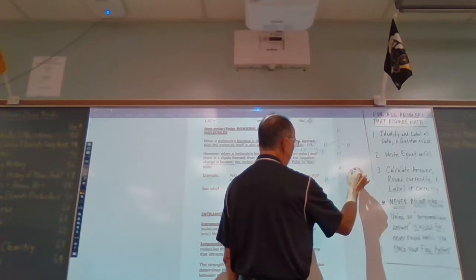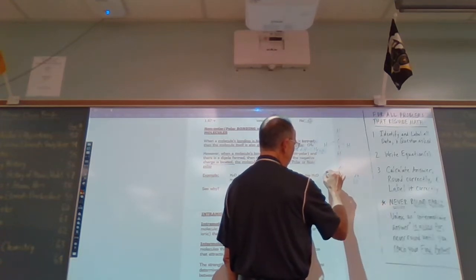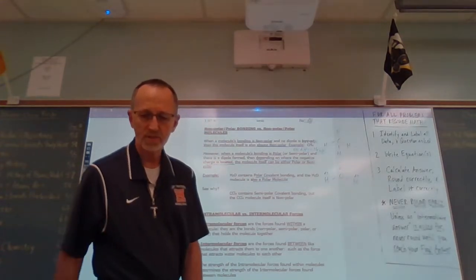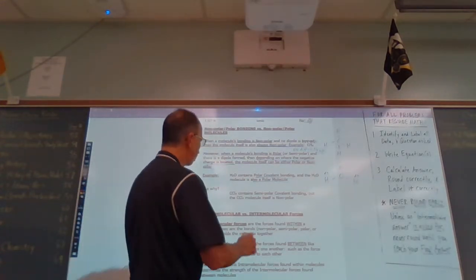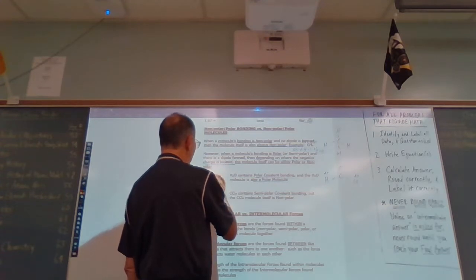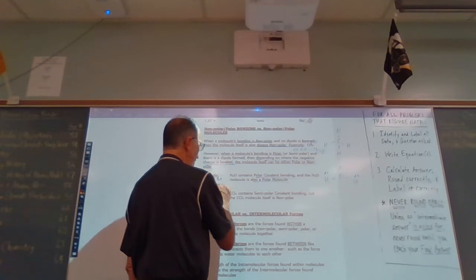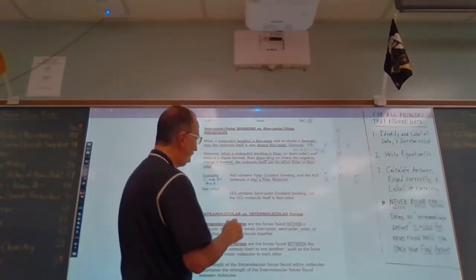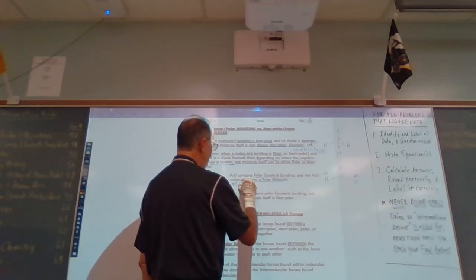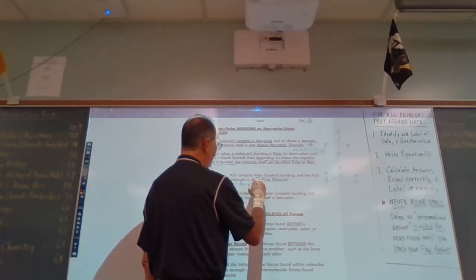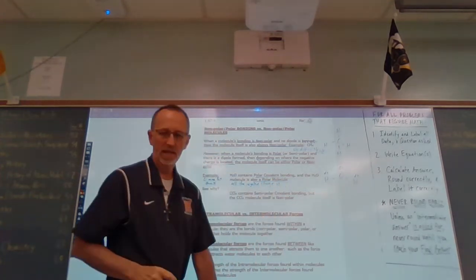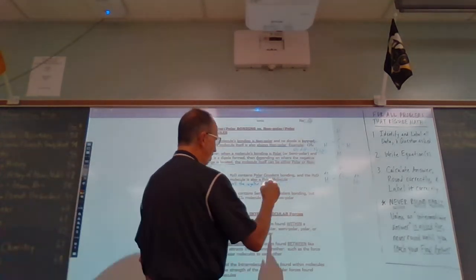Remember, oxygen has a slightly negative charge, and each hydrogen has a slightly positive charge. I want you to look and see where the negative charge is. Remember, O is more electronegative than H. So look at where the negative charge is. All the negative charge, again, it's partial, is in the center of the molecule.